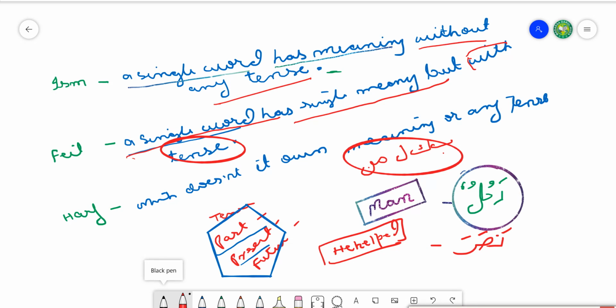One, the whole Arabic language is made up of three things, that is ism, fail and harf. And the second thing we learned today, ism is a single word which has one meaning but doesn't have any tense, while fail is a single word with some meaning and it does have tense, and harf doesn't have any tense or any meaning of its own.